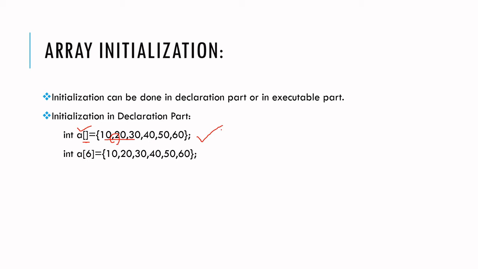The next method is that you can mention the size here itself. For example, int a[6] = {10, 20, 30, 40, 50, 60}. It means you are going to store 6 elements, and the indices range from 0 to 5 only.